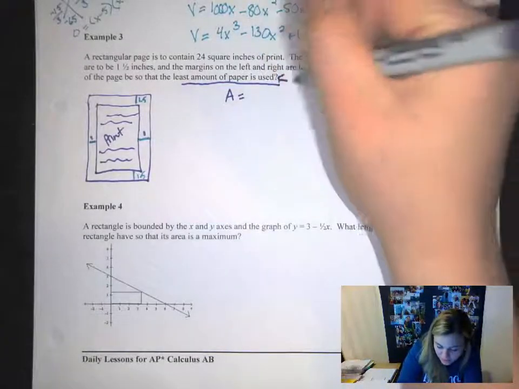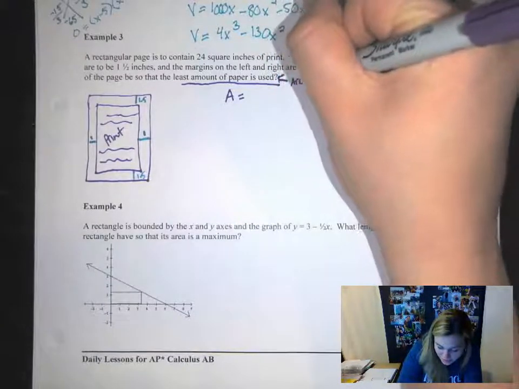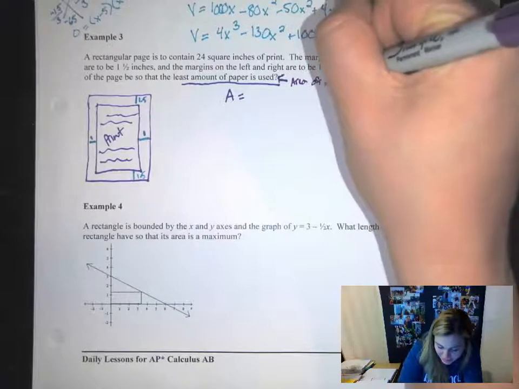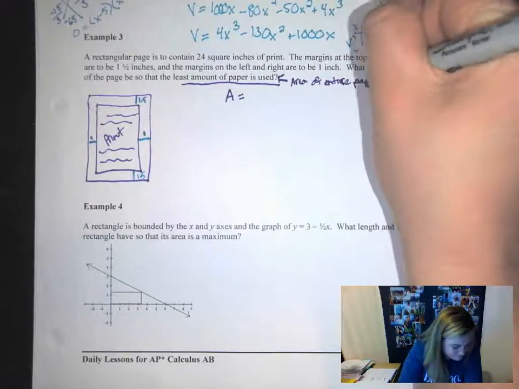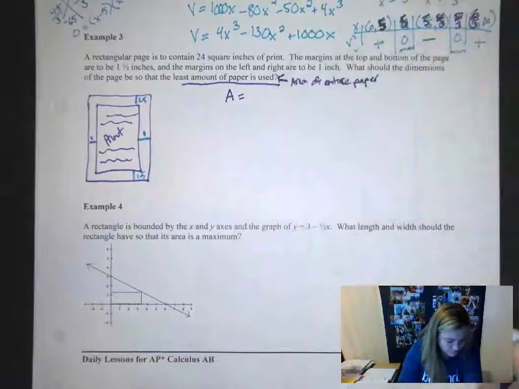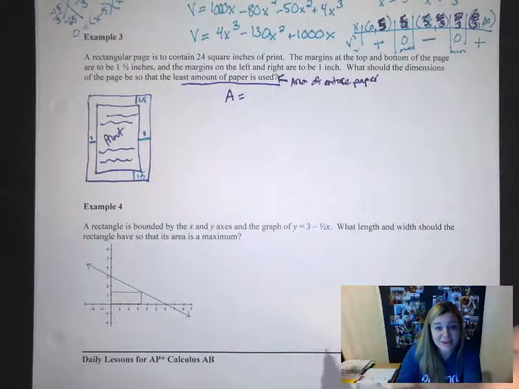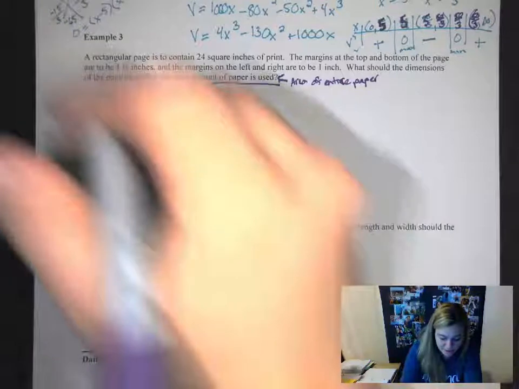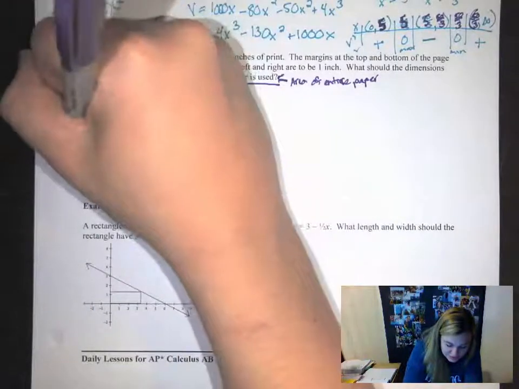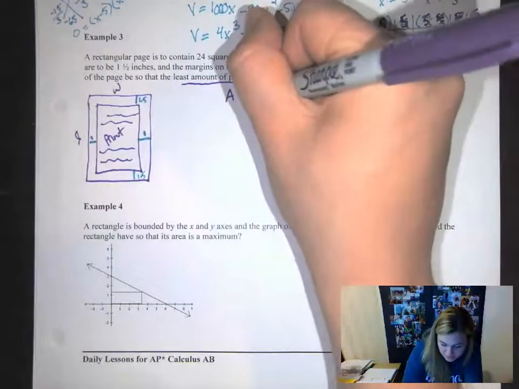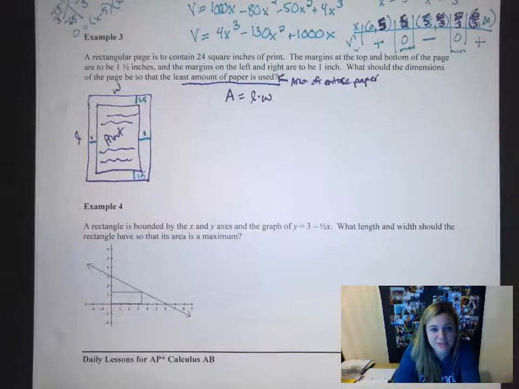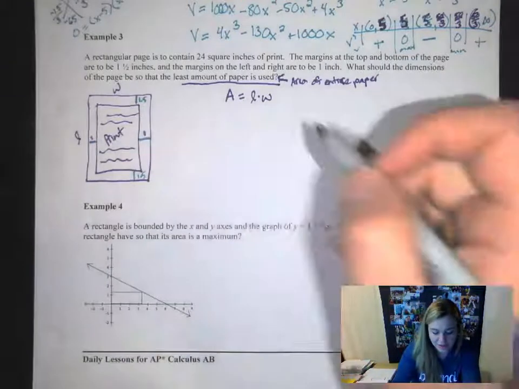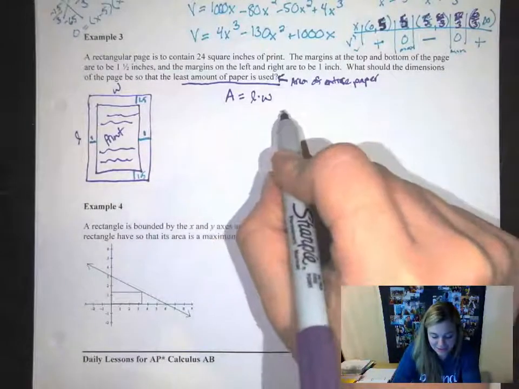Actually, this would be the area of the entire paper. Yeah. And the area of the entire paper, let's call it something. Let's say that this is length times width. Okay, so we want the entire paper, so we've got different sizes of paper. We'll figure this out. The area is equal to length times width.